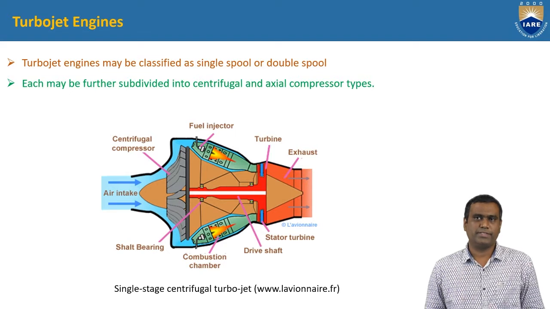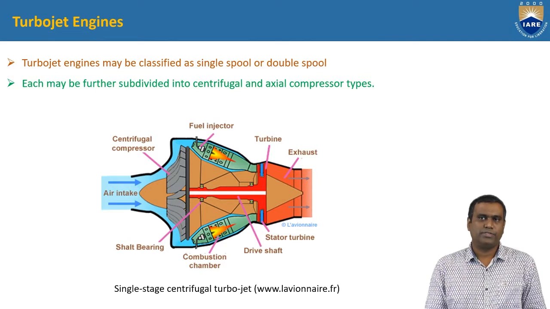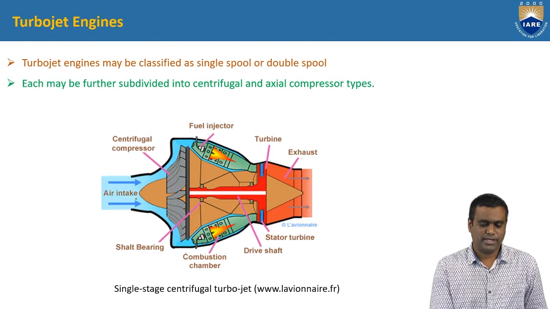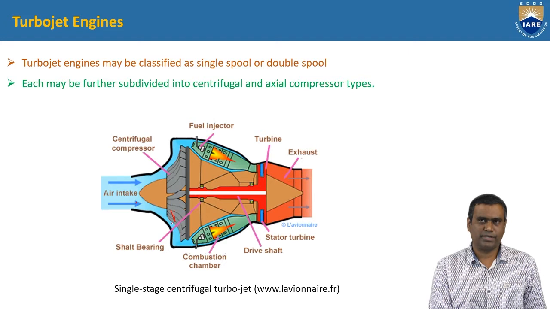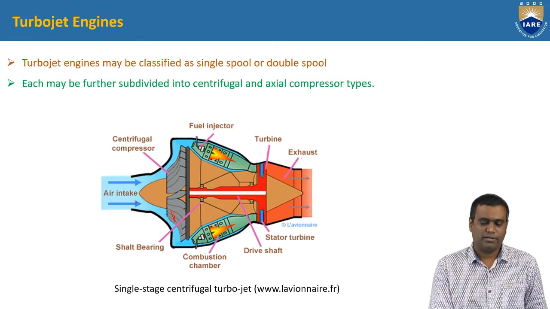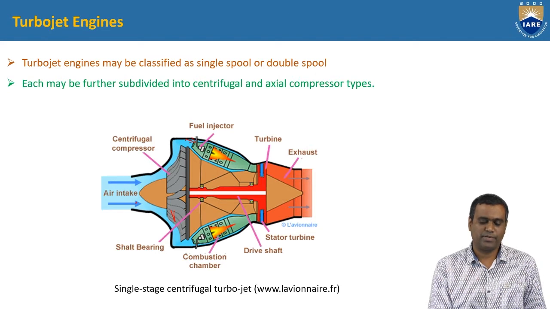In this figure we can see a simple turbojet with centrifugal compressor. Here is the inlet, and this is the centrifugal compressor. The flow is compressed through the compressor, and then sent to the combustion chambers. These are the combustion chambers, and fuel is injected into the combustion chamber.